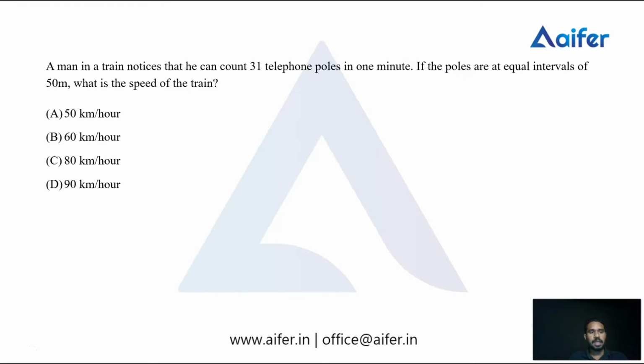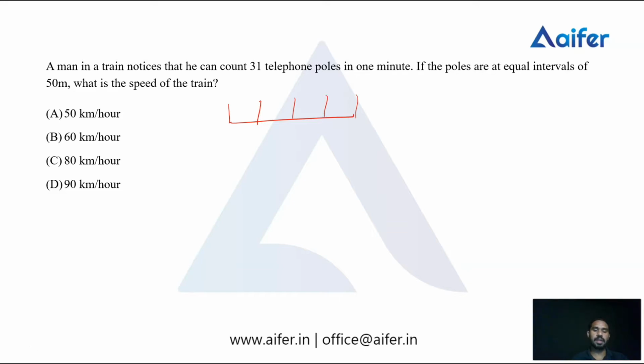Next question. A man in a train noticed that he can count 31 telephone poles in 1 minute. If the poles are at equal intervals of 50 meter, what is the speed of the train? Okay, we need to find the speed of the train. So here we can make 1, 2, 3, 4, 5.